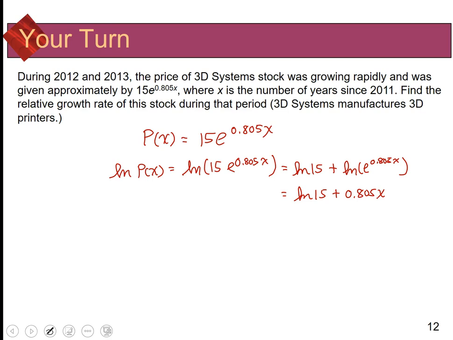Now I'm going to do the derivative of the natural log of the price function here to get its relative rate of change. So I'm going to do the derivative of this.